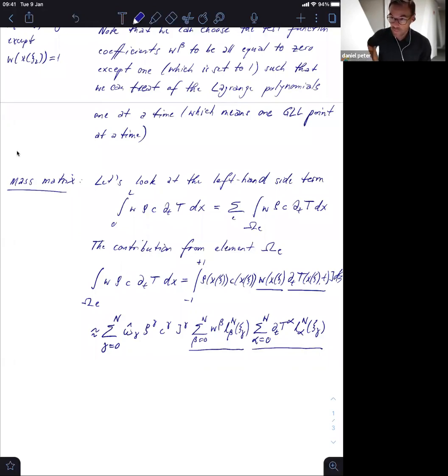So this part is clear. So omega hat are the integration weights from the GLL quadrature rule. W beta are the coefficients for our test function. T alpha are the coefficients for the temperature field, and they depend on time. So we take the time derivative onto these coefficients.